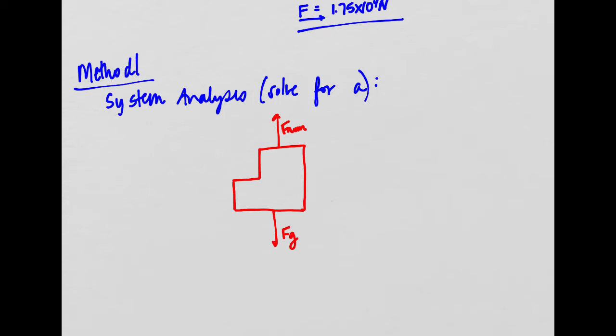But I also have the applied force of the truck's engine, which is 1.75 times 10 to the 4 newtons. Just for kicks, I'm going to solve for force of gravity and normal force here, because technically a free body diagram should have all of the values.